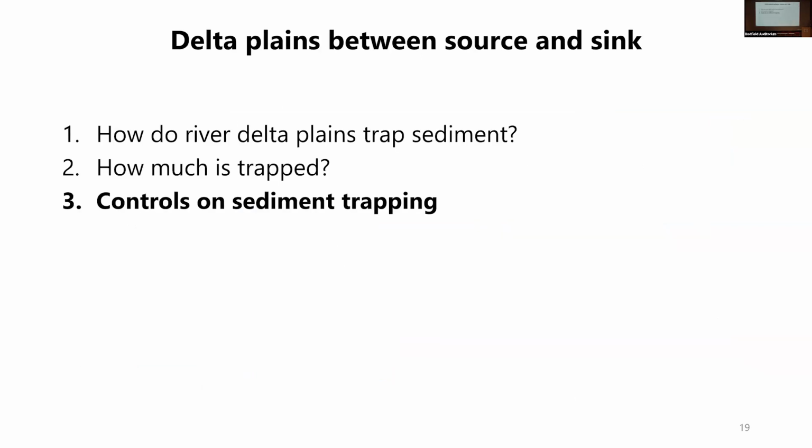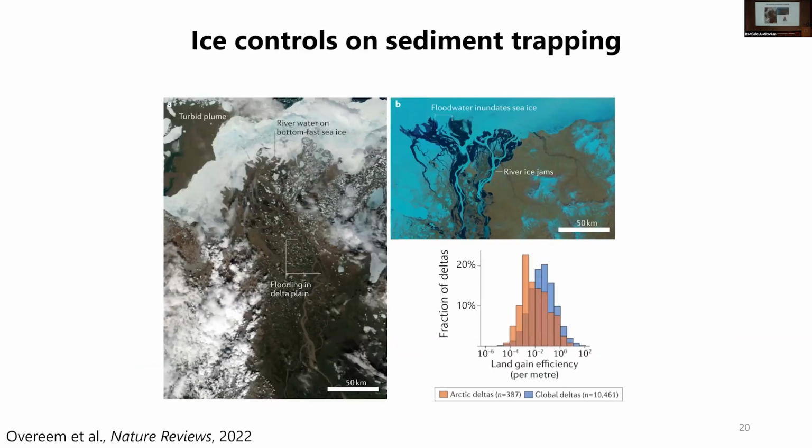So the last thing I want to talk with you about are controls on sediment trapping, right? We have an idea now about global fluxes and the influence of global morphology, but are there other important factors that we should consider when we think about sediment trapping on delta plains? First, of course, when we go further north, then perhaps waves and tides don't matter as much as sea ice.